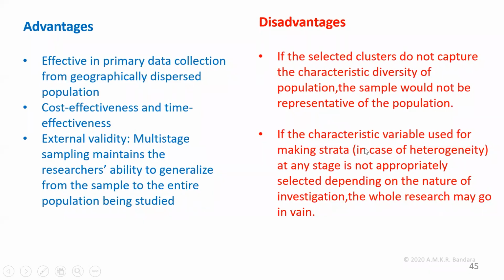If the characteristic variable used for making strata, in case of heterogeneity at any stage, is not appropriately selected, depending on the nature of the investigation, the whole research may go in vain. So if the selected strata do not represent the characteristic, our study objective cannot be achieved.